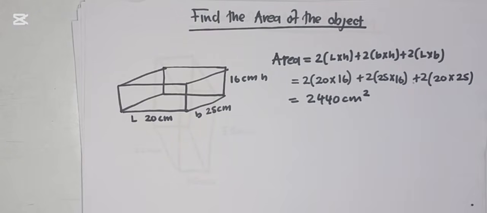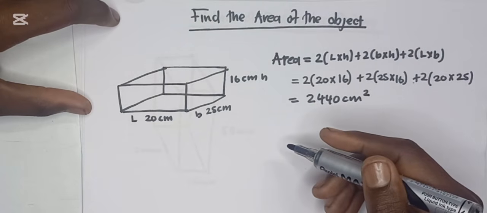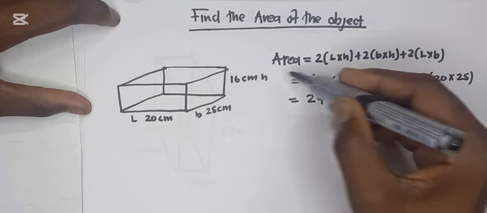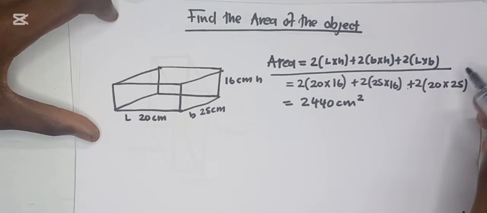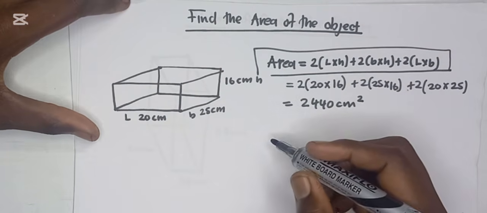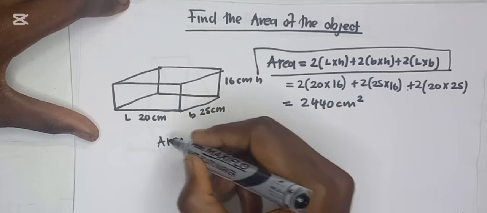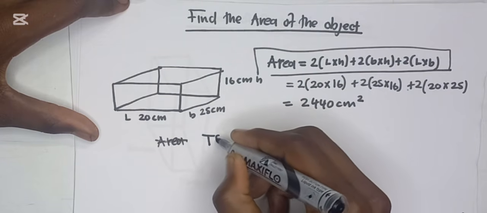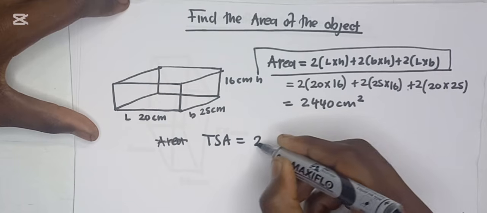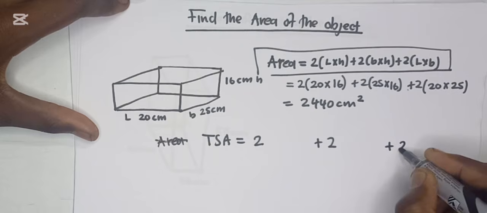So here's the technique that I want you to always use when you're given a rectangular prism and they ask you to find its area. Let's say you don't remember this formula in your exam because it's too big. You can easily forget it. What I want you to do is write the total surface area of this as equal to 2, plus 2, plus 2.